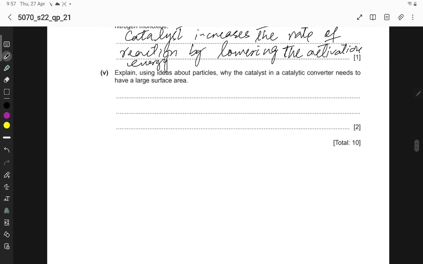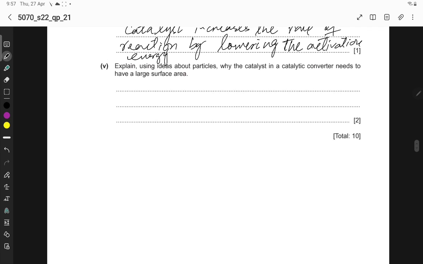Explain using idea about the particles why the catalyst in the catalytic converter needs to have large surface area.